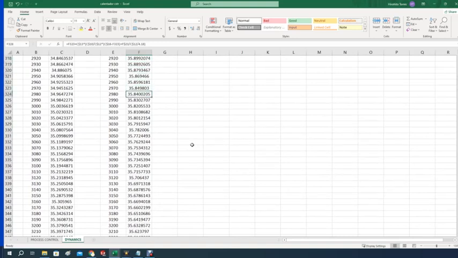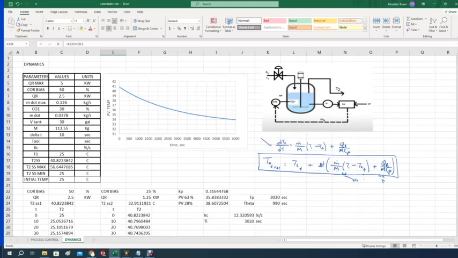84 right here. 2980. That looks better. 35.84, 2980. Let's modify that a little bit.